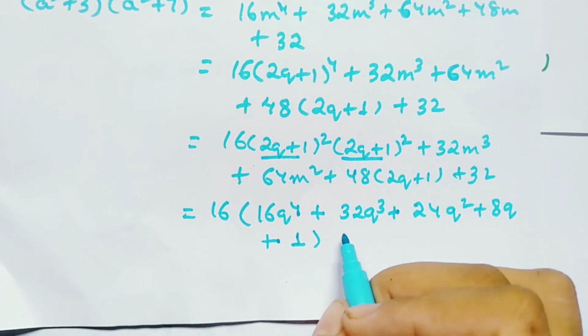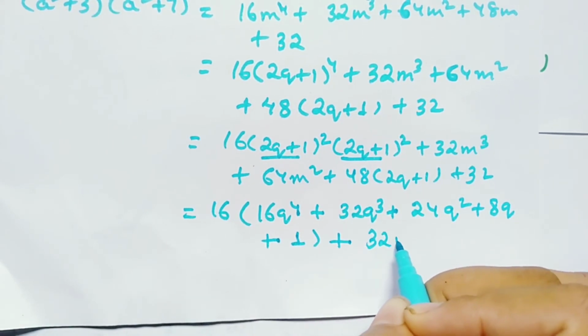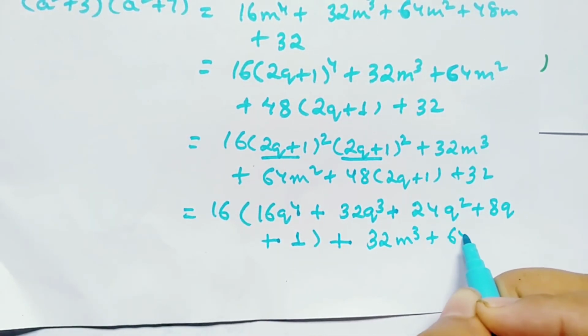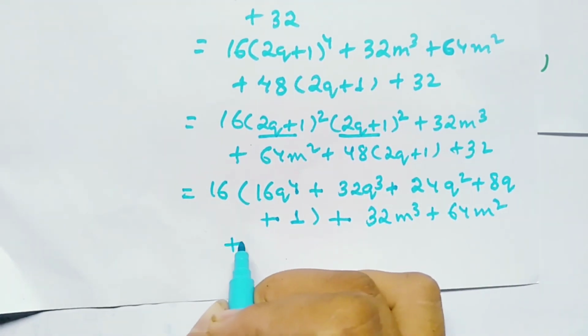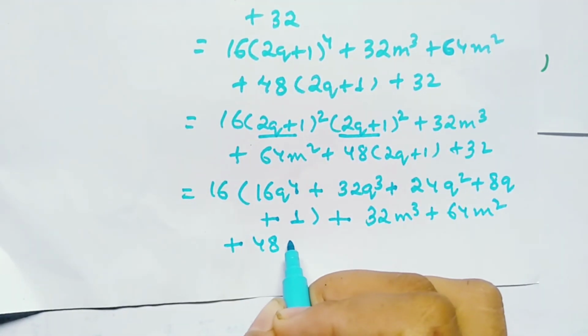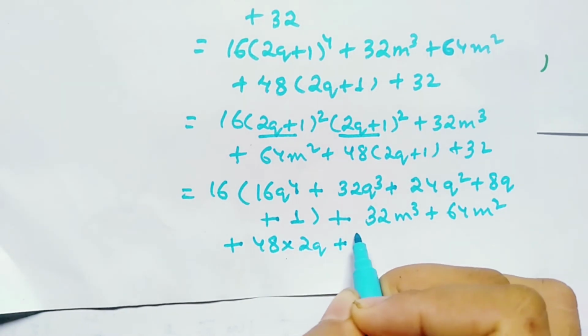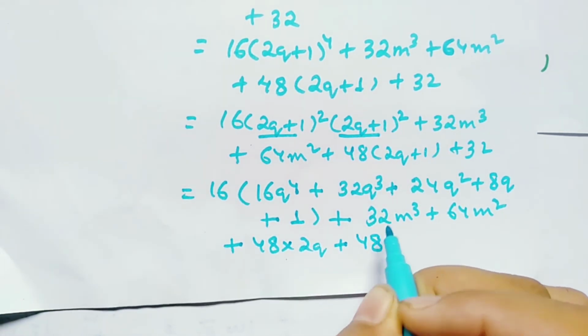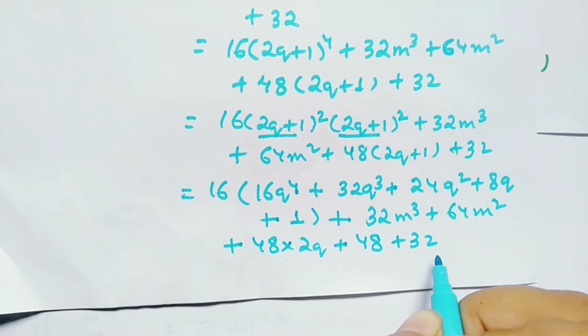And then the plus 32m³ + 64m² + 48 into 2q + 48 + 32.